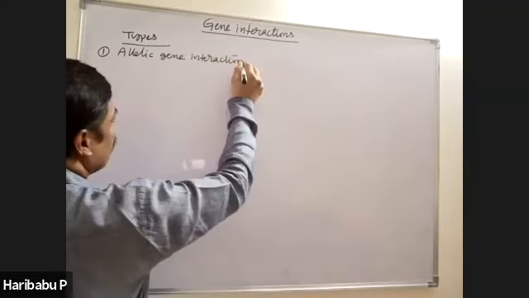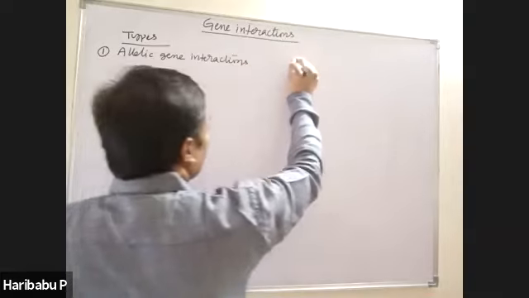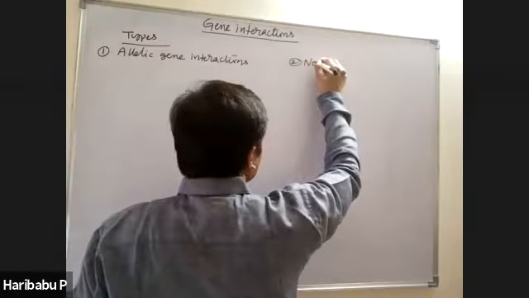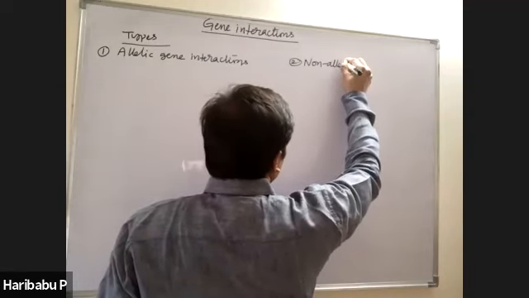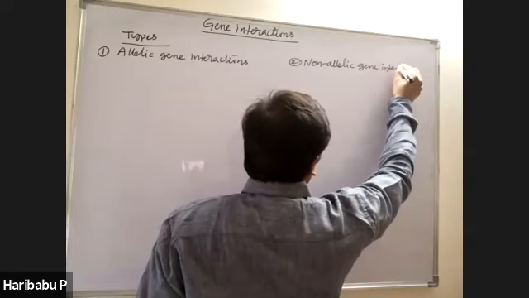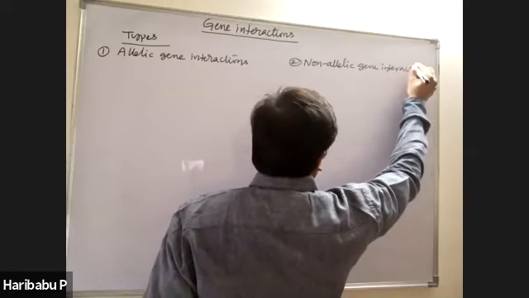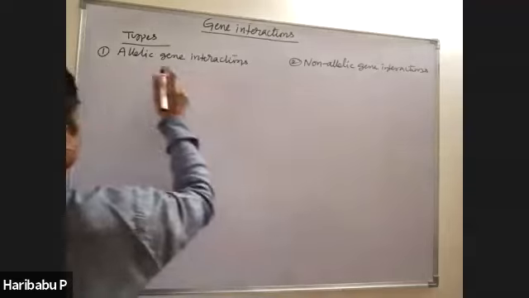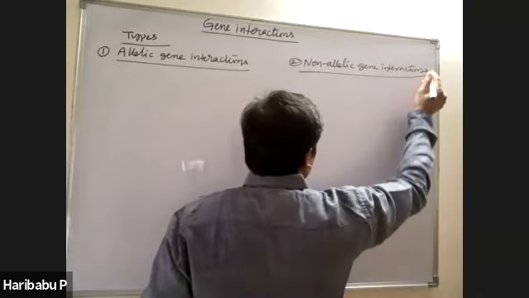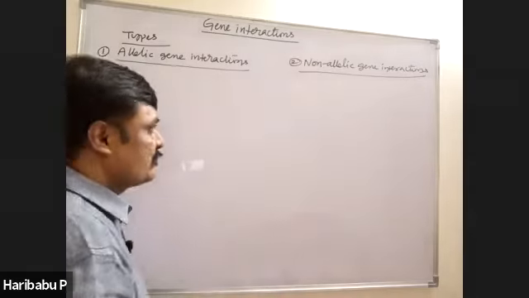Second one, non-allelic gene interactions. There are two types of gene interactions, namely allelic gene interactions and non-allelic gene interactions.